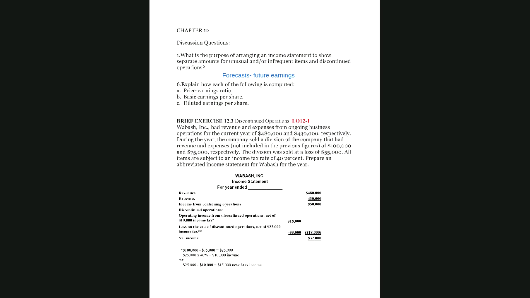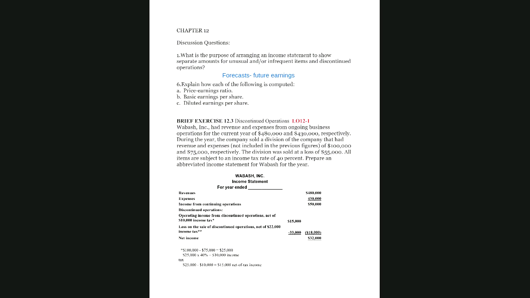Again, going back to number one, by separating items that don't recur, a decision can be made about normal operations. And if you're interested in why this particular corporation is dropping the segment of business, is there a way for you to find out what management's plan is?